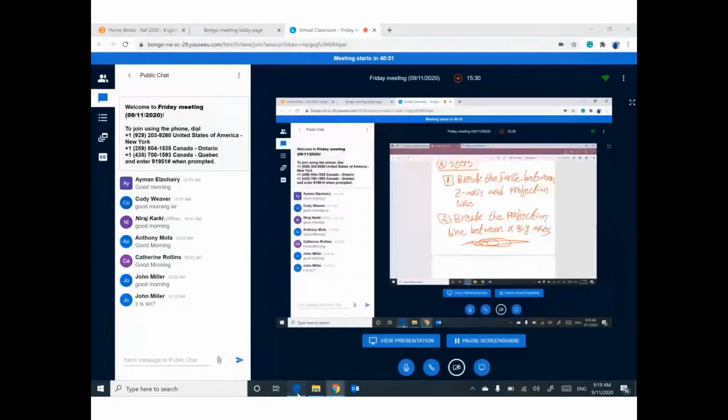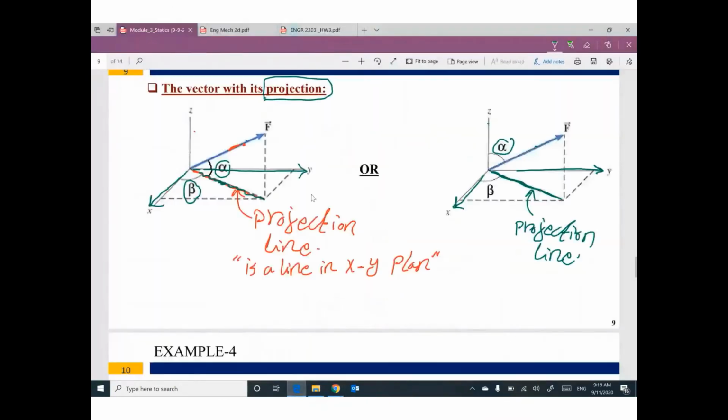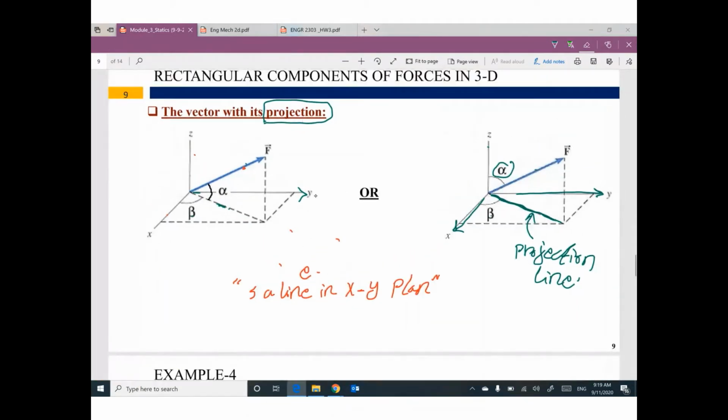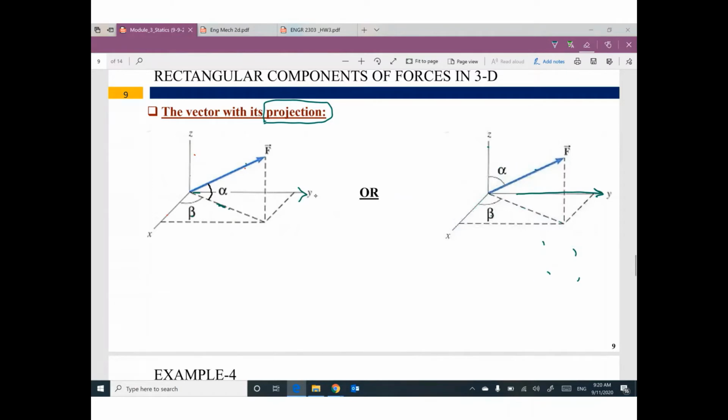Okay. So let me explain it one more time here. Please don't treat it as a stamp. No, it's not a stamp. You have to figure it out. First step, let me start with this case. We have a force.